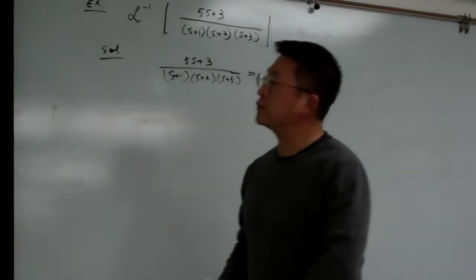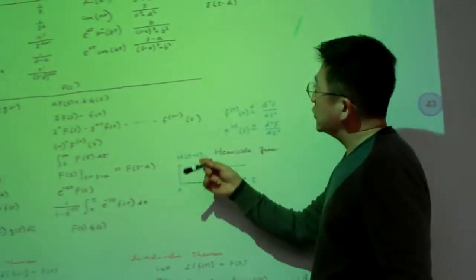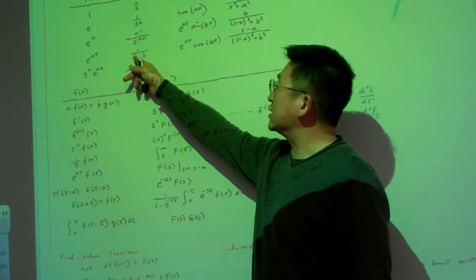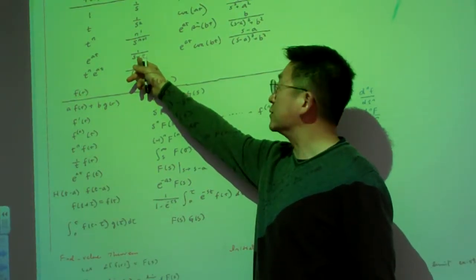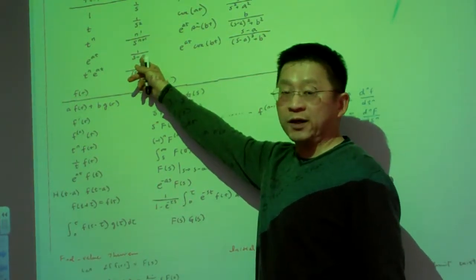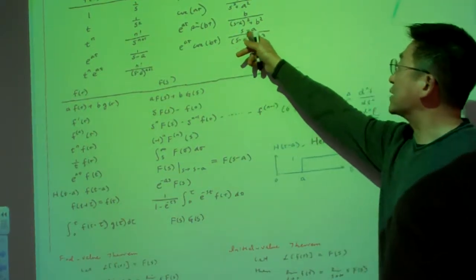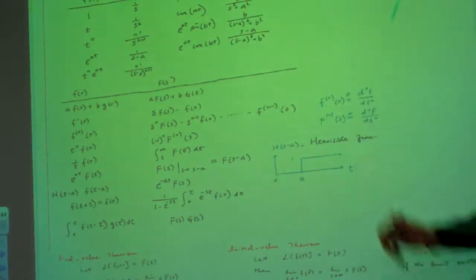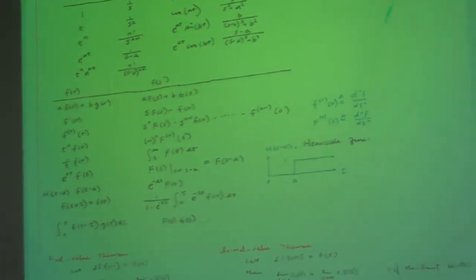Okay, so look at the table here. Basically the denominator usually is a linear term, a linear polynomial s minus a or s plus a, or at most a second degree polynomial. When we do the factorization, that is our goal.